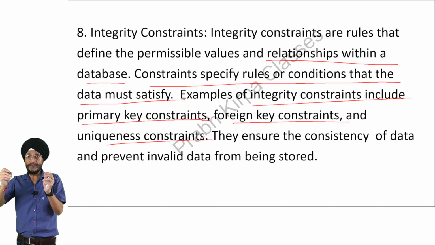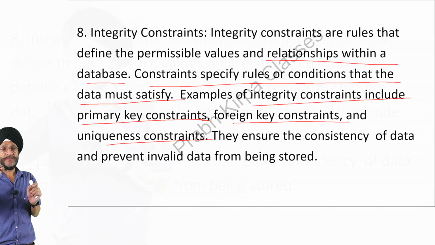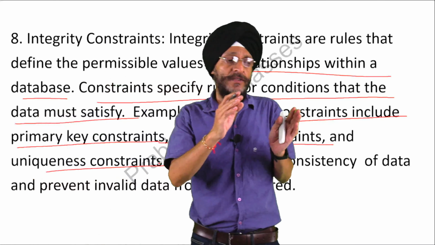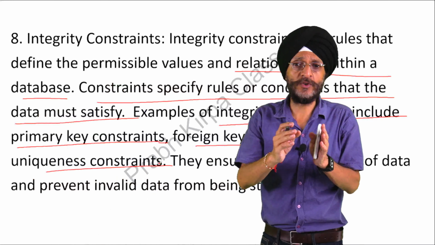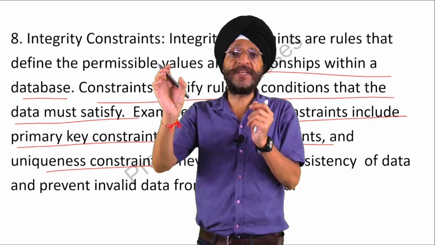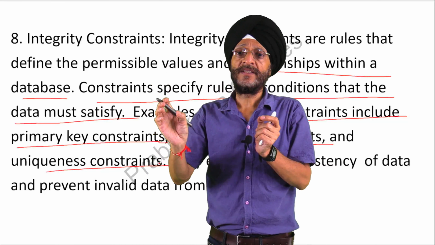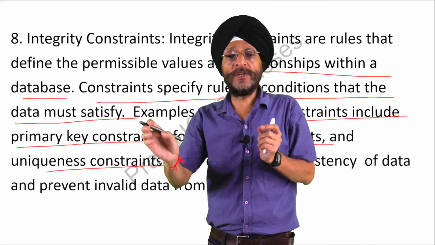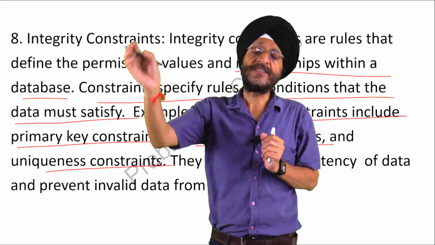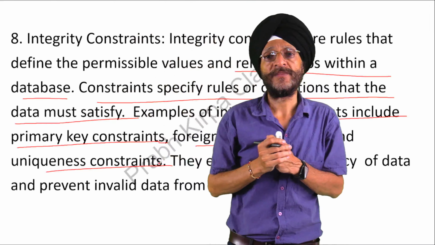So when we are entering the customer ID who has placed the order, the DBMS system ensures that the customer ID which is being mentioned in the order is actually existing in the database. That is, it actually exists in the customers table.